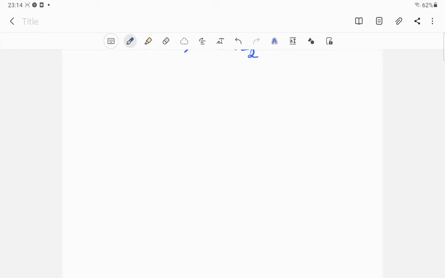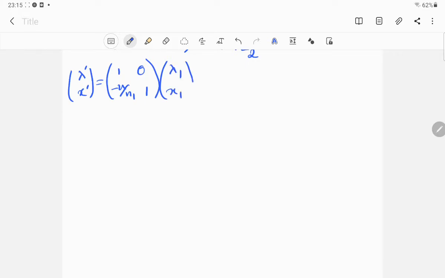Let me write all of that simply, in small letters so that you can understand. First, what we have got is 1 0, minus u by n1, 1, acting on λ1 x1.